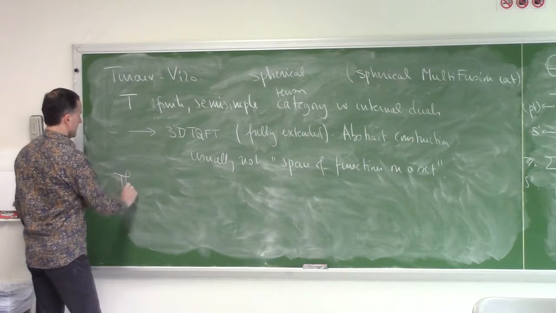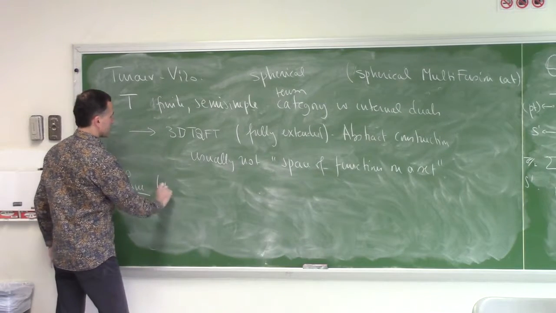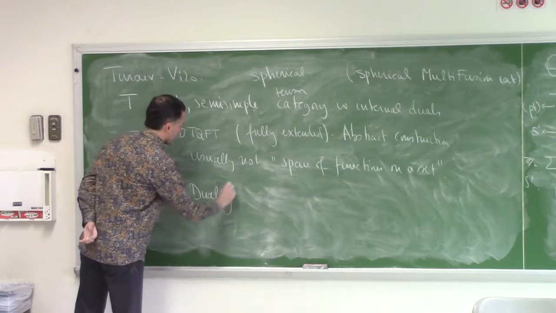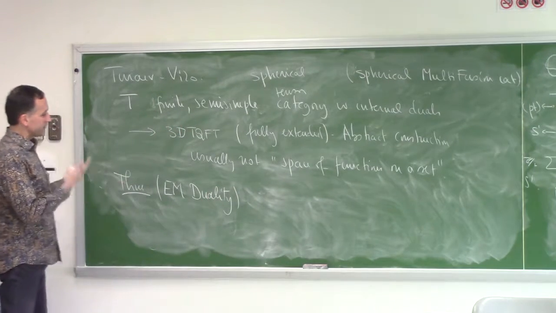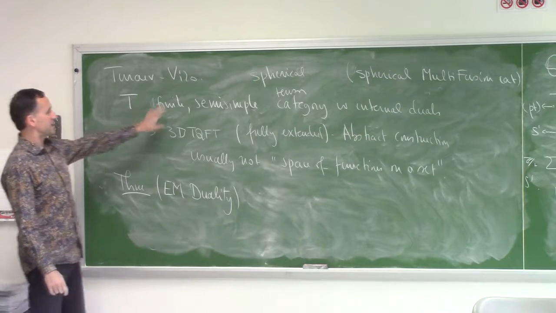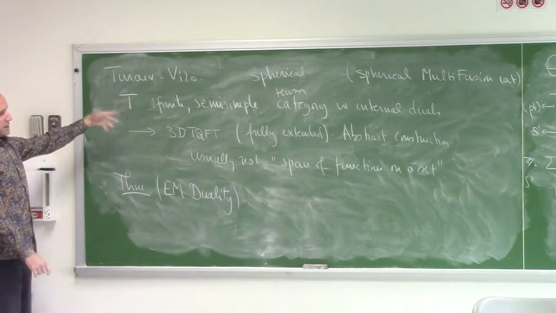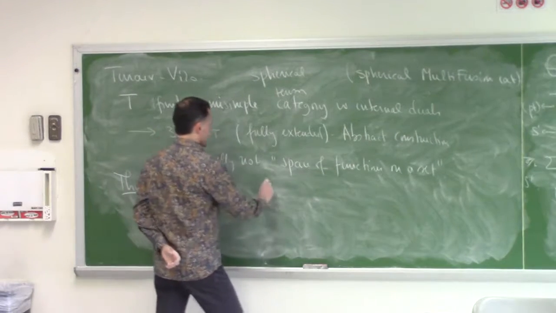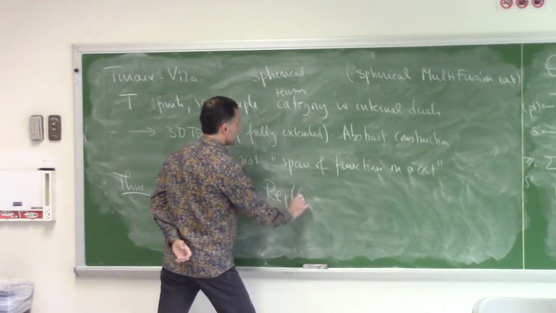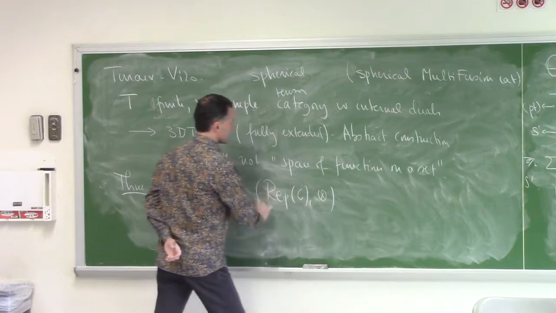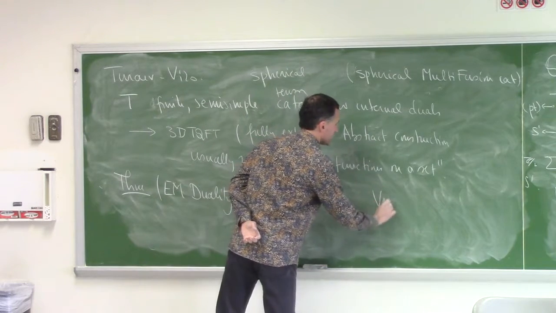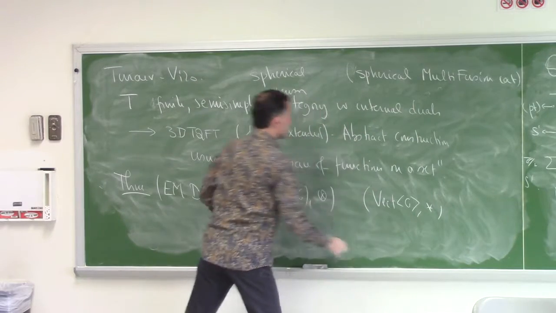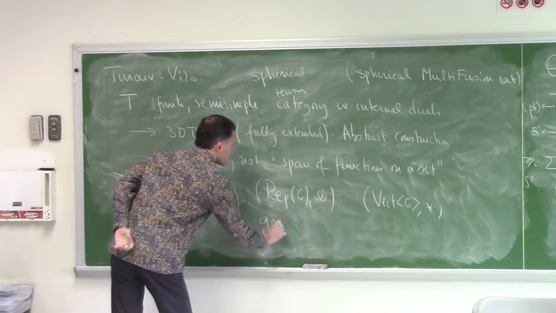And the theorem, which now is called electromagnetic duality, I don't quite know what names to put on this. It comes from physics initially, but of course you have to supplement it with lots of work from this combinatorial category theory, is that Rep G with tensor product and Vec G with convolution give equivalent theories.